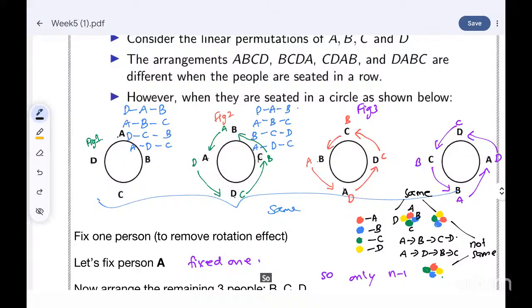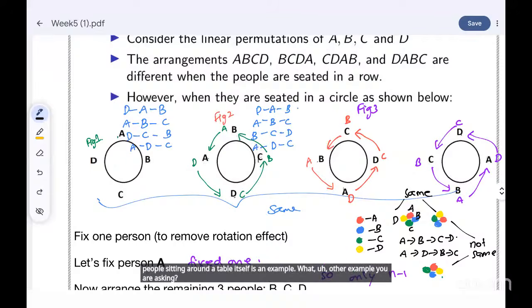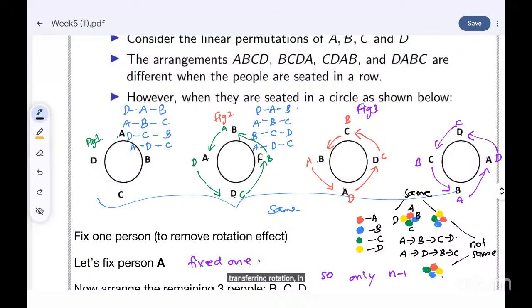Ma'am, can I tell an example? Example of what? This circle table, this permutation itself is an example, right? So people sitting around a table itself is an example. What other example are you asking? Considering rotation, the merry-go-round. What kind of examples are you asking?